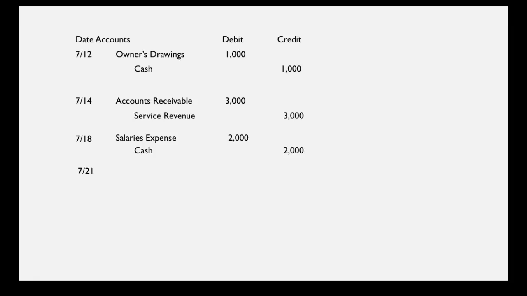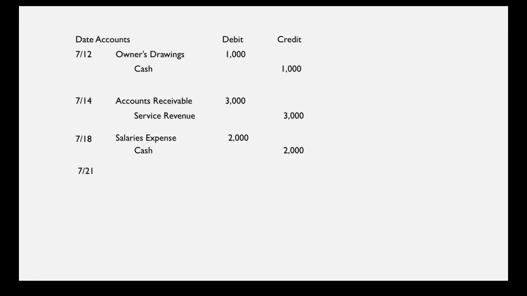Now on July 21st, we received payment in full from a customer billed on July 14th. So if we take a look back on July 14th, we billed our customer $3,000. Here on the 21st, they're going to pay us. How do we journalize this one?